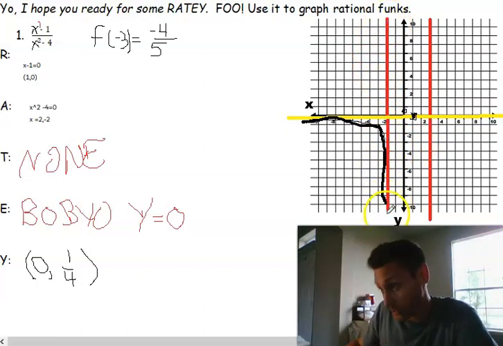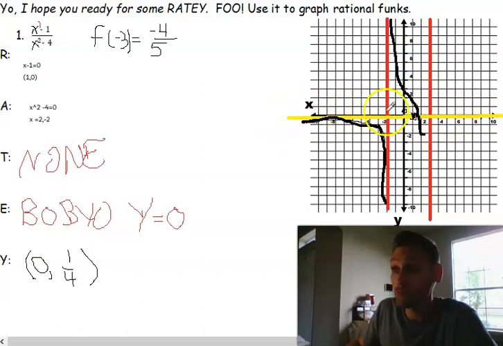So this one's going to be at the bottom, this one's going to be at the top. Now, it normally goes to the next end behavior, but I have a root from the positive 1. So that's going to start up here, and then it's going to go through the root, through the x-axis, through the end behavior, or horizontal asymptote, and it's going to go down and go on forever.